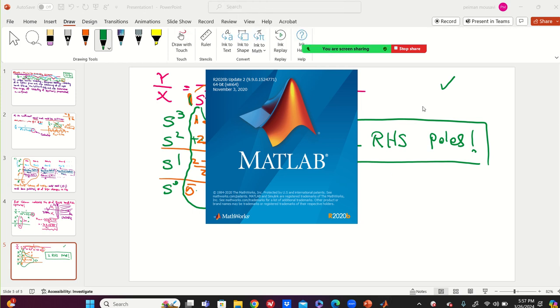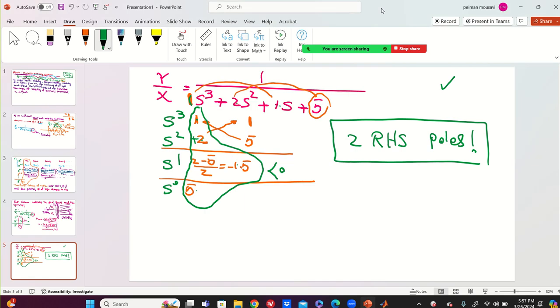You saw that Routh's stability criterion told us that you have 2 right-hand side poles, and I'm going to solve this and show you. See how powerful this is?